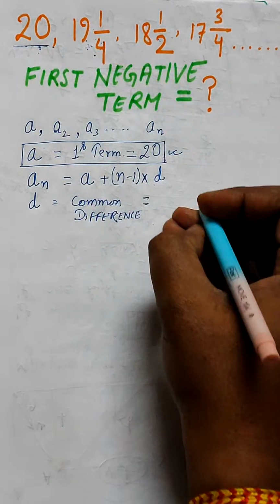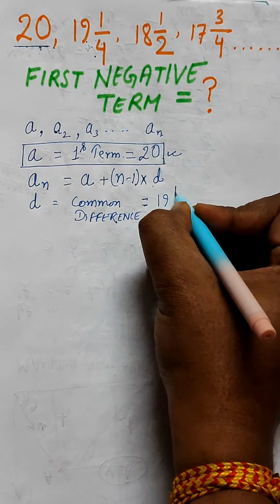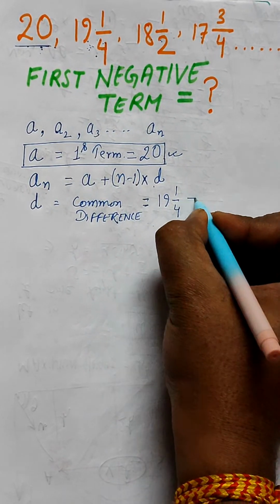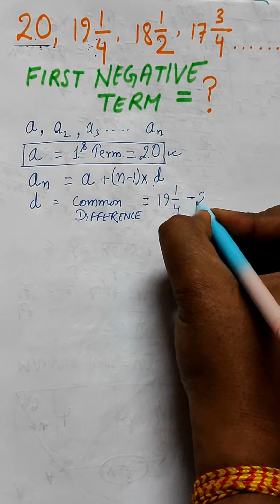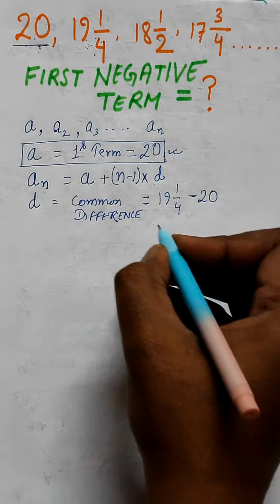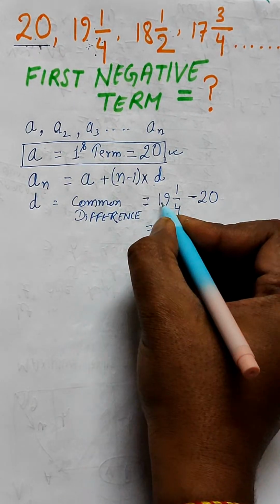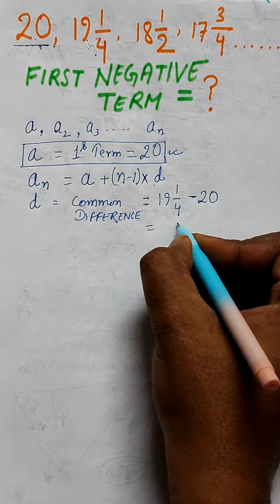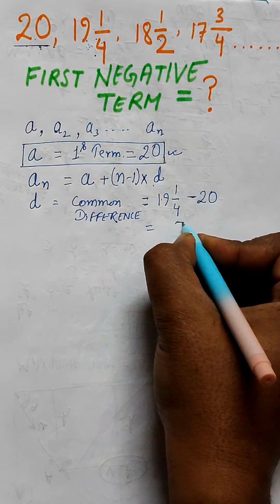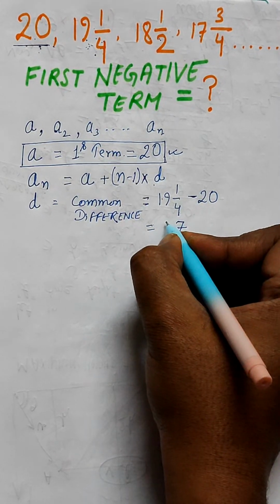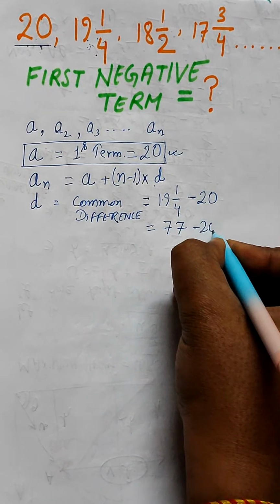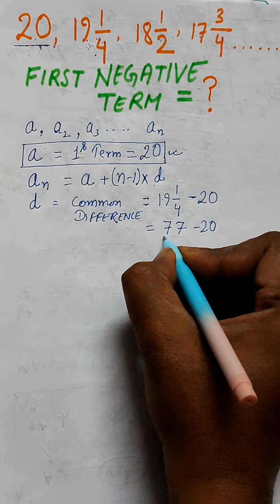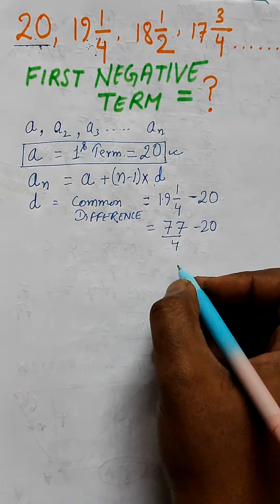So let us do one thing. Take the second term, that is 19 1/4, and subtract 20 from this. This will give you the common difference, right? Now just simple calculation: 19 into 4, 76, plus 1, 77. So 77/4 minus 20, right?